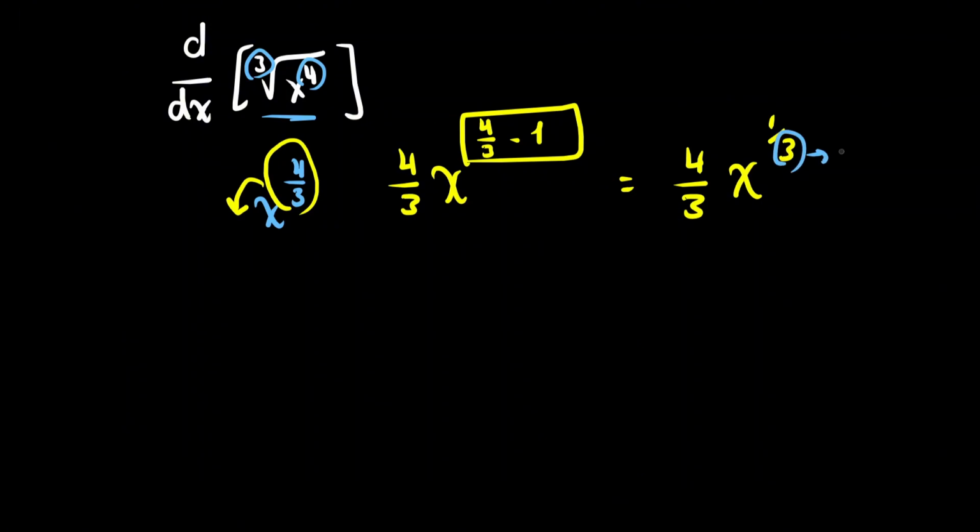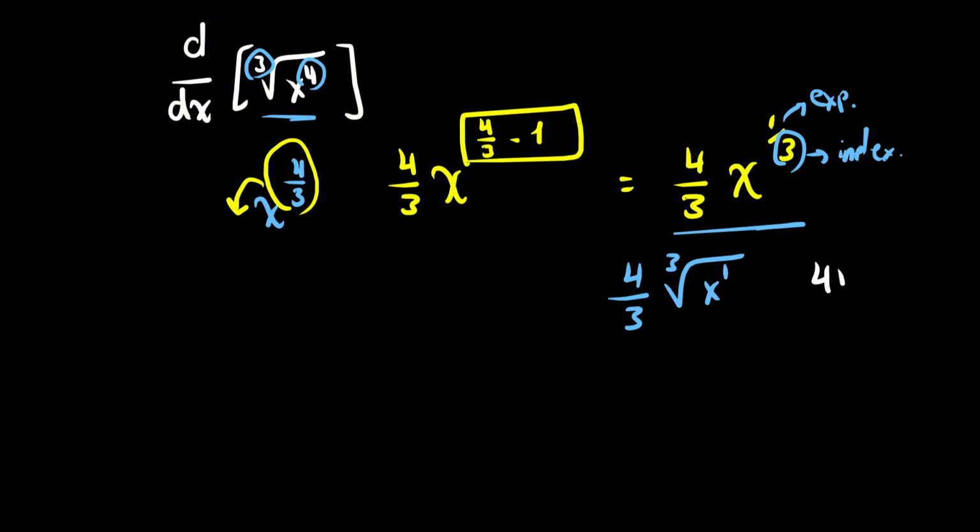This is the index, and this is the exponent. So in order to rewrite this, it's going to be 4 over 3 cubic root of x power 1. So the final answer is going to be 4 multiplied by the cubic root of x divided by 3.